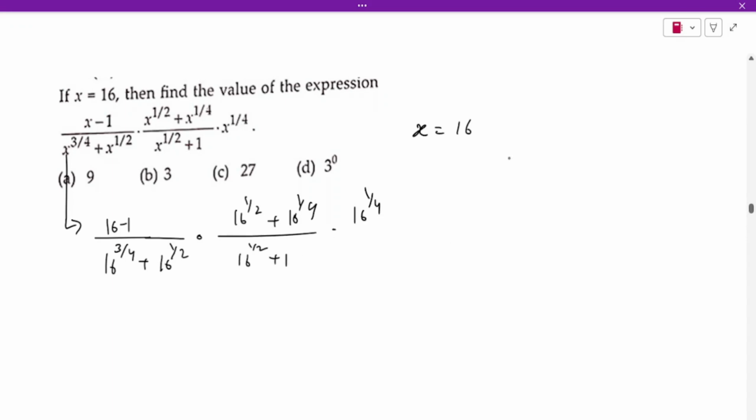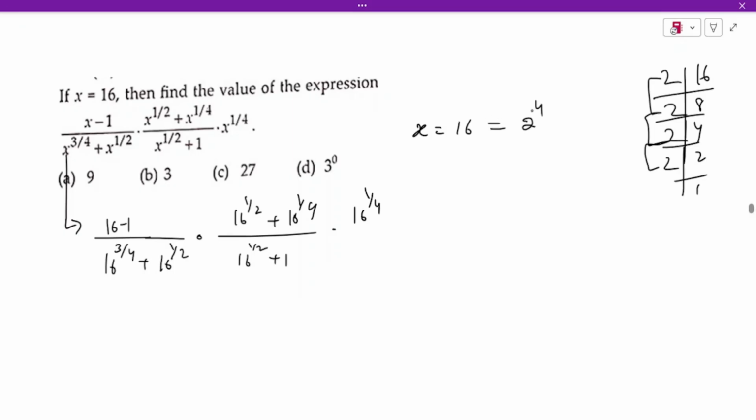divided by 16 to the power 1 by 2 plus 1, and then this is 16 to the power 1 by 4. As we know, 16 is nothing but 2 to the power of 4 by using prime factorization: 2 fours are 8, 2 eights are 16. Here we are getting 2 multiplied by itself 4 times, so 16 is 2 to the power 4. So we can write 16 as 2 to the power 4, and 16 minus 1 is going to give us 15.